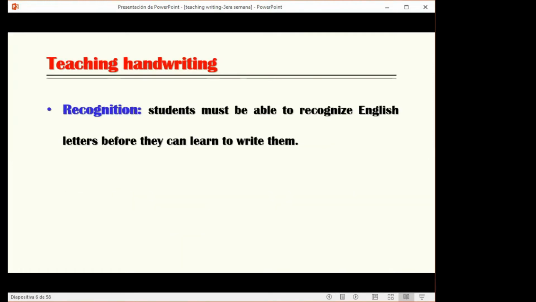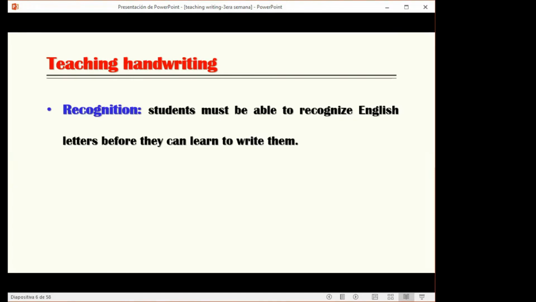One of the steps that we must do is to recognize. They need to recognize the English letters before they can learn to write. So I told you, this is from very little ages, at the beginning. Maybe you're teaching kindergarten, or primary, first, second grade, they have some problems with these ages.